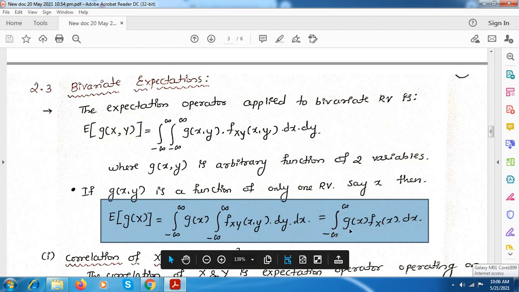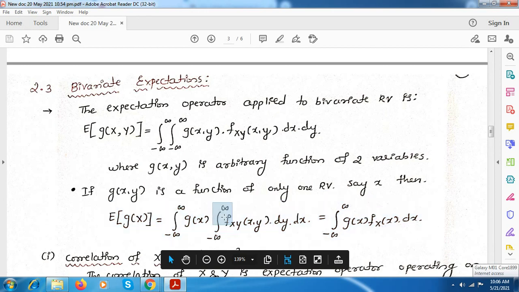So this becomes integration of g of x into fx of x. If you see this, it is nothing but fx of x. Here it is integration from minus infinity to infinity of fxy with respect to dy, which means this is the marginal PDF fx of x. And here it is g of x and dx.